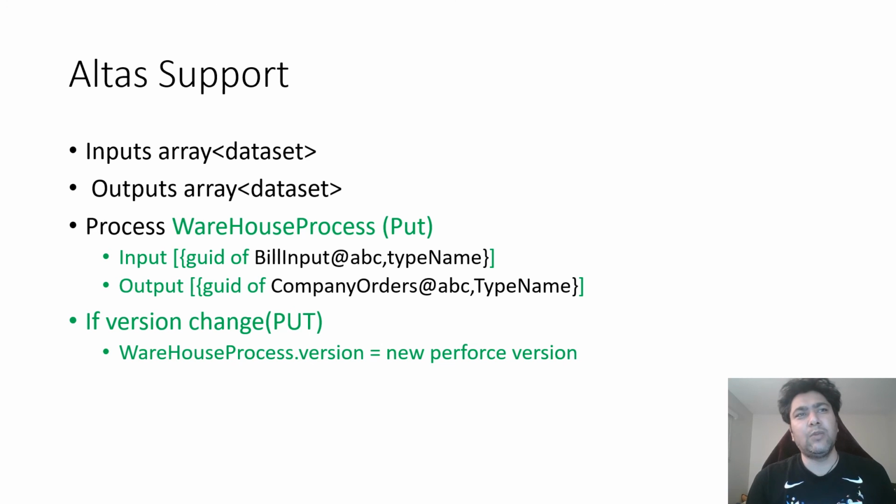And if somehow we modify the process and move to a newer version of the query, then we should update the version field of the corresponding entity, for example warehouse process dot version, to something. That's how we will understand the newer data that was created by a newer version of the process. That's how overall things will happen over time.